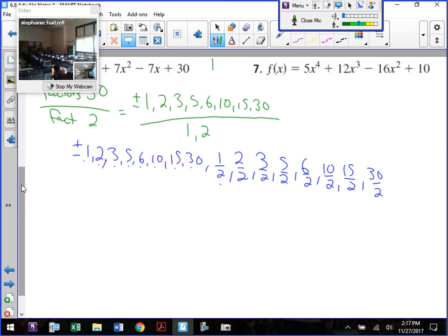What's 2 divided by 2? 1, which you've already counted, so I don't worry about it. 3 halves, I don't have. 5 halves, I don't have. 6 over 2 is 3, which I have, so I don't count it. 10 over 2 is 5, which we have, so I don't count it. And the same with the third.